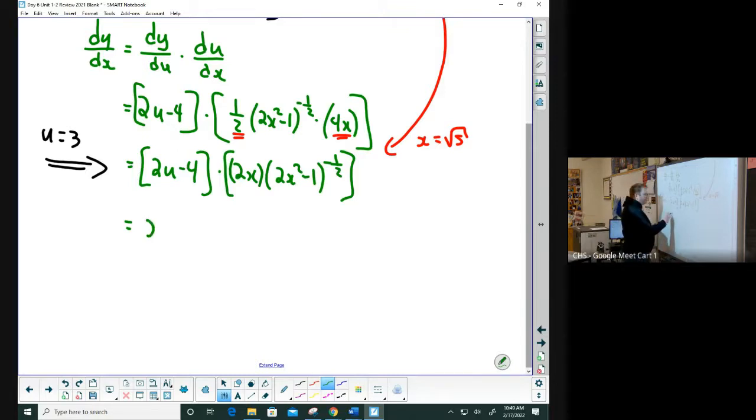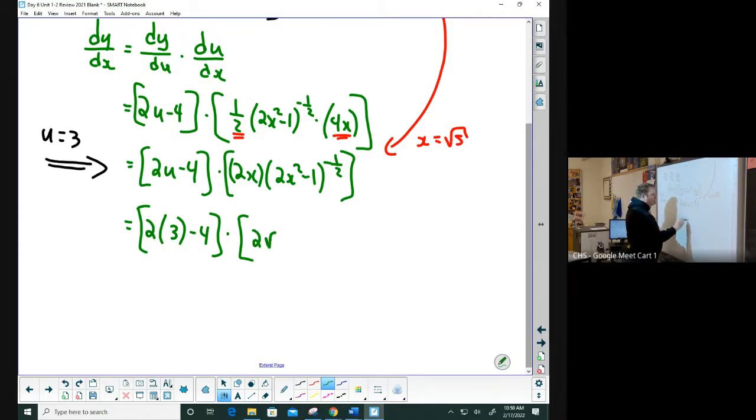Just go off and do it. 2 times 3 minus 4, times, now I'm plugging in root 5. So 2 times root 5, bracket 2 times root 5 squared minus 1 to the negative 1/2.